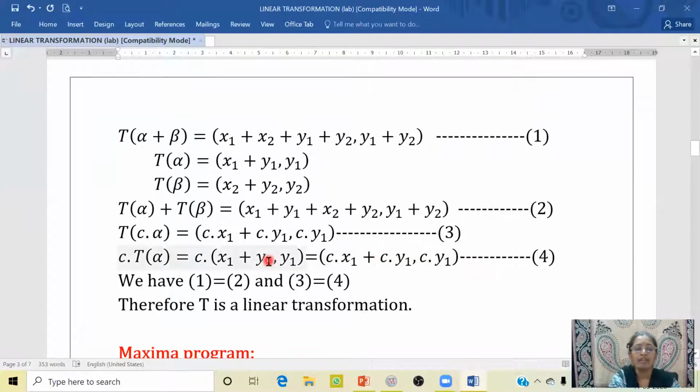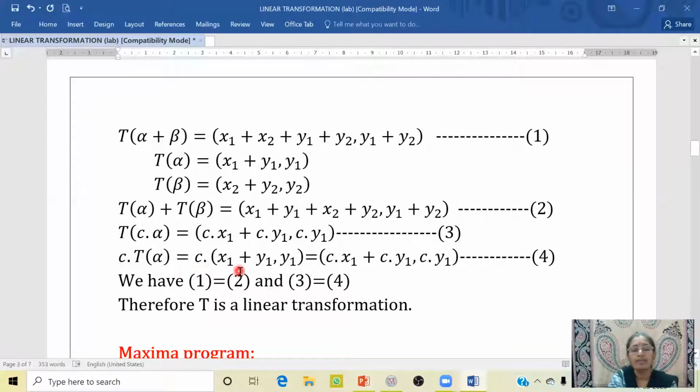Now let us see the second condition. T of C into alpha is equal to Cx1 plus Cy1 comma C into y1. Mark this as expression 3. You take the other side of the condition 2, that is C into T of alpha.